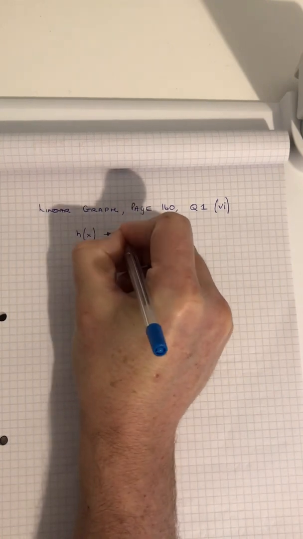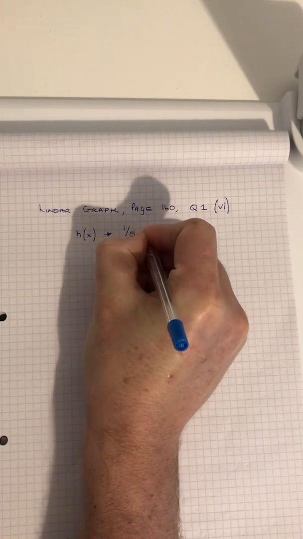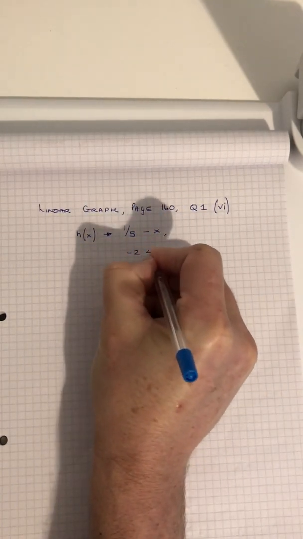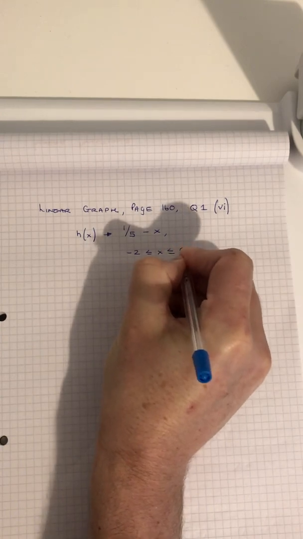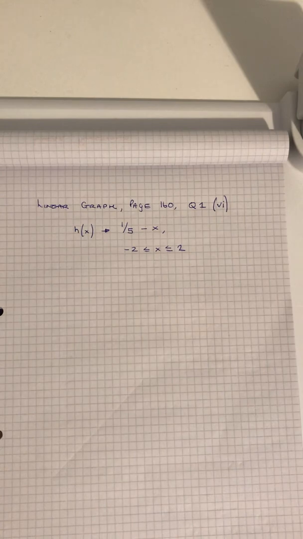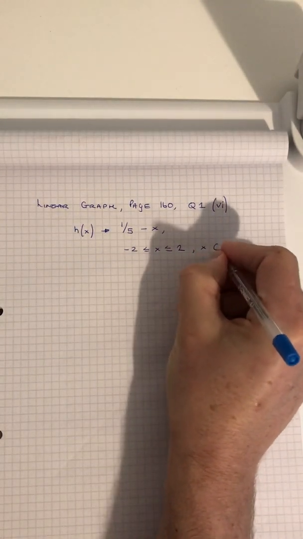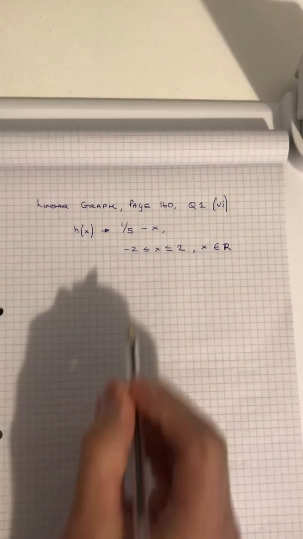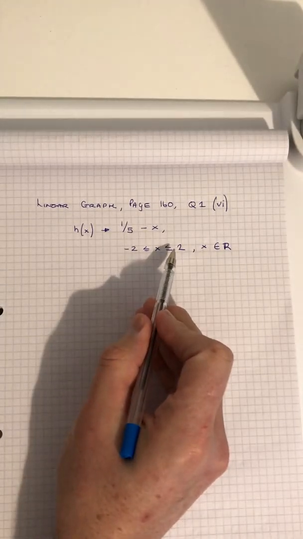Okay, so in this question then, what I'm going to do is h of x is 1/5 minus x, and it's between -2 and 2. Okay, so all the real numbers, it says x is an element of real, so all the real numbers between -2 and 2.